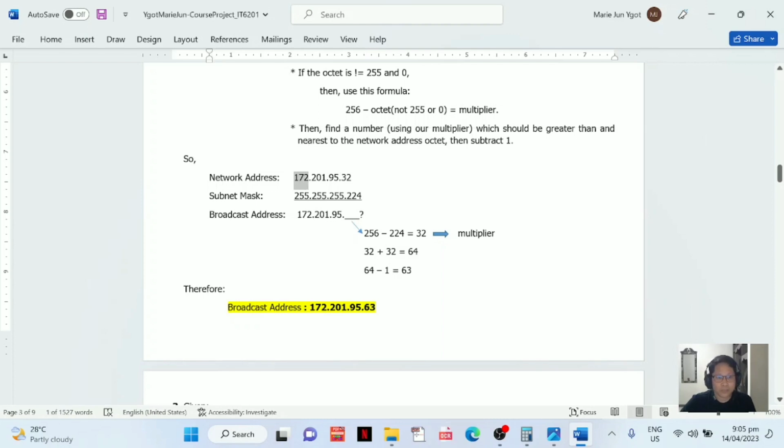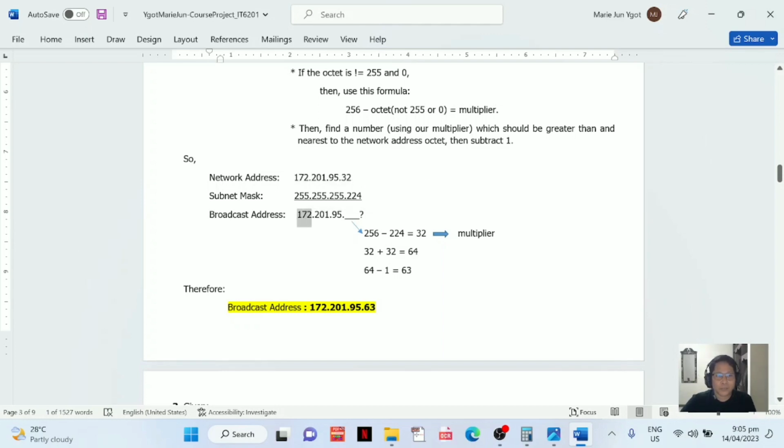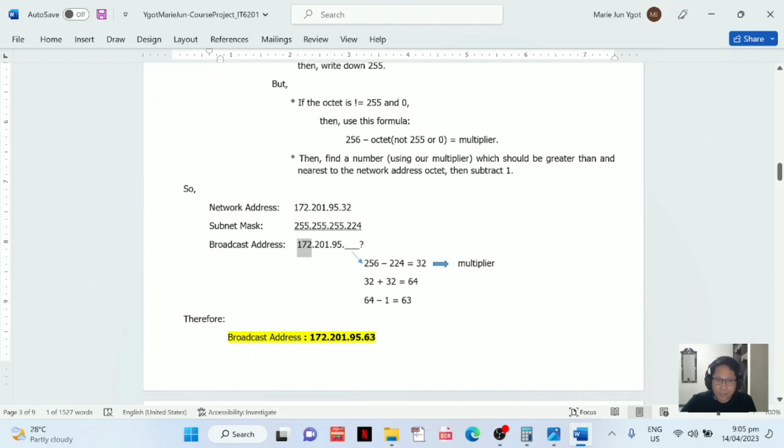That's why in our broadcast address, we write here 172. On our second octet, we still have 255, so we write down 201 again from the network address.